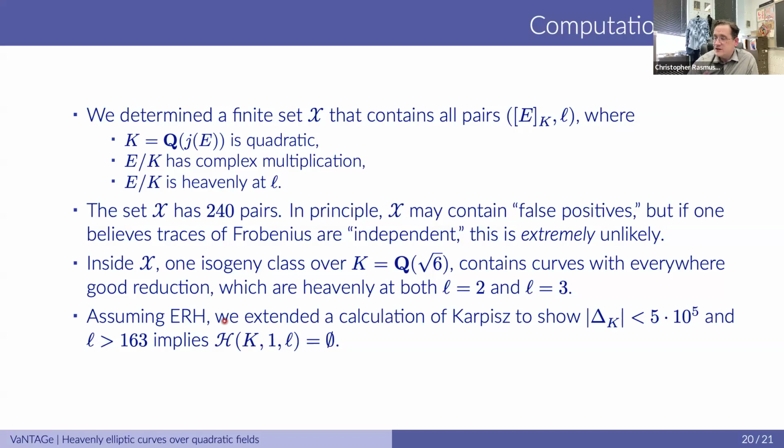And so we were able to use that to find a reasonable bound past which an elliptic curve could not possibly be heavenly at L, and then manually check all the primes between 163 and that bound, which would be on the order of 50,000 or something, to get a Riemann hypothesis-dependent proof that 163 was a bound on heavenly curves over that field, CM or no. And we were able to carry out that calculation out to discriminants of size about 500,000.